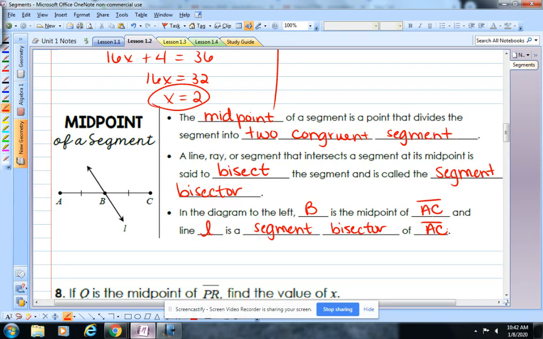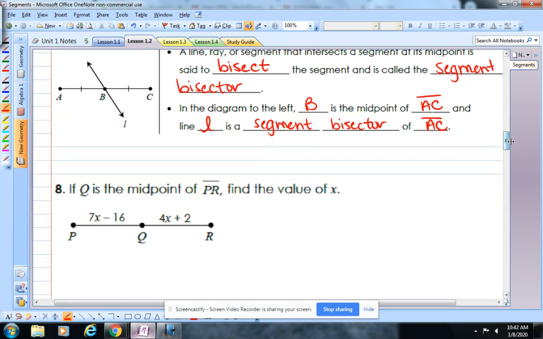Because it goes through the midpoint, that means it divides it in half. So, if we know that a point is a midpoint, then that tells me these two little segments are equal to each other.